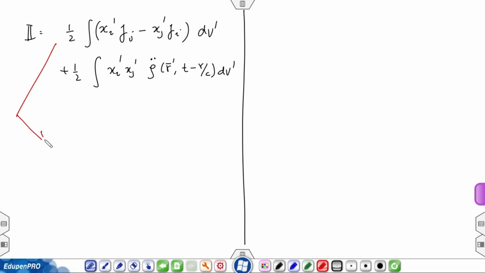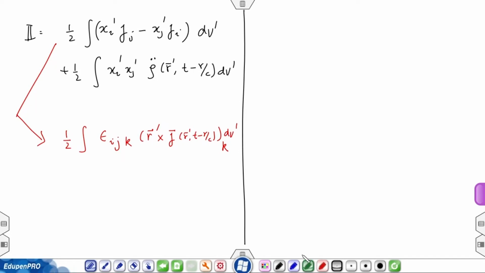This particular term I can write as 1/2 integral epsilon I j k r prime cross j r prime t minus r over c kth term dv prime.